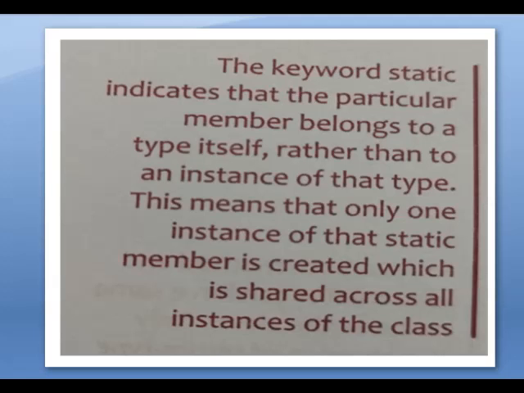Next, what is the use of the keyword static? The keyword static indicates that the particular member belongs to a type itself rather than to an instance of that type. This means that only one instance of that static member is created, which is shared across all instances of the class.